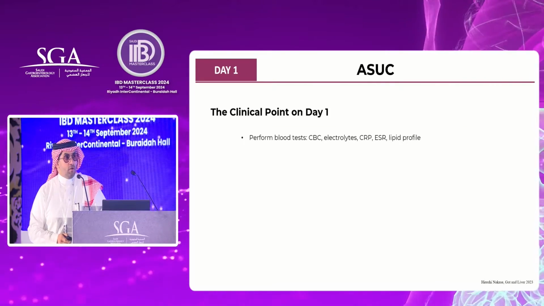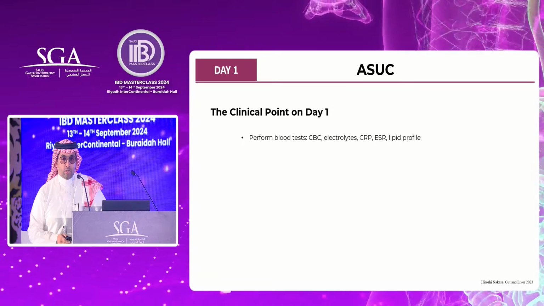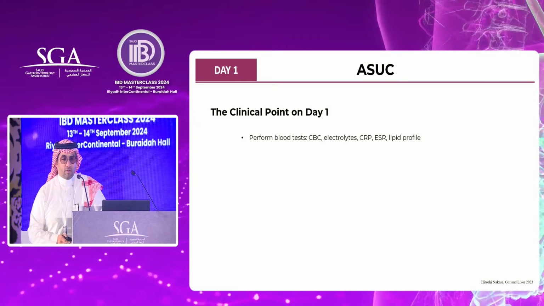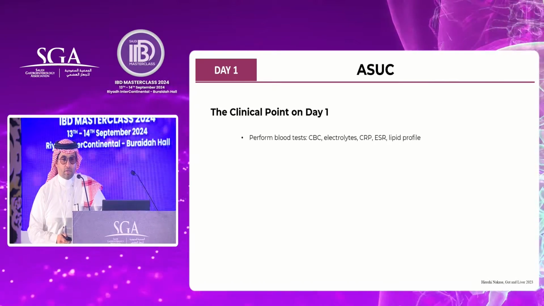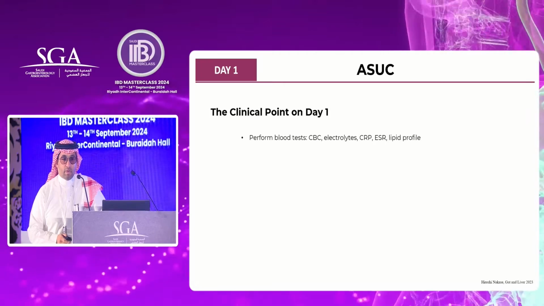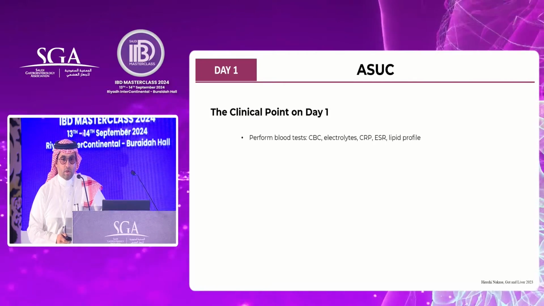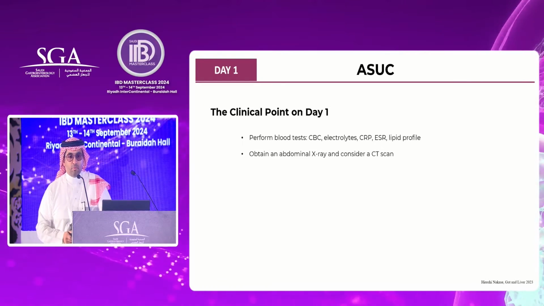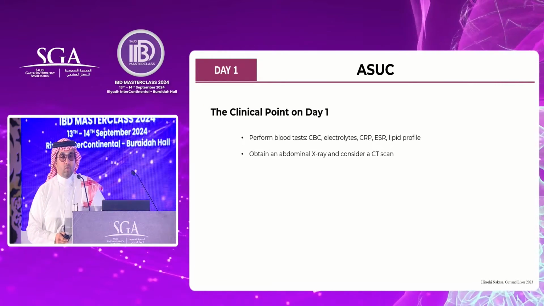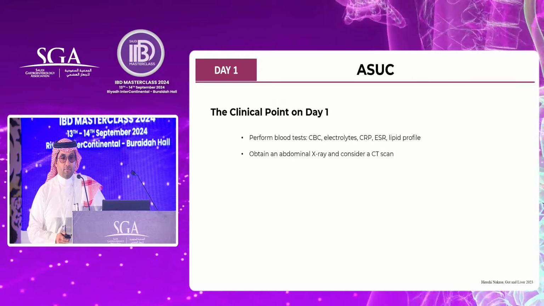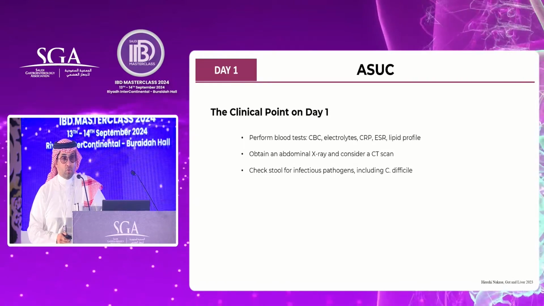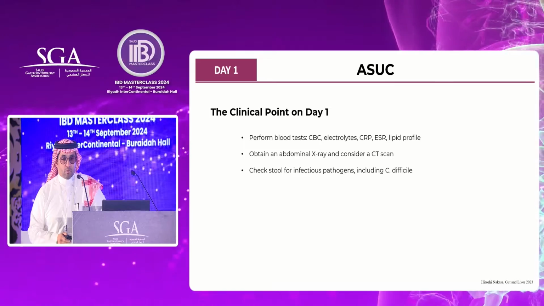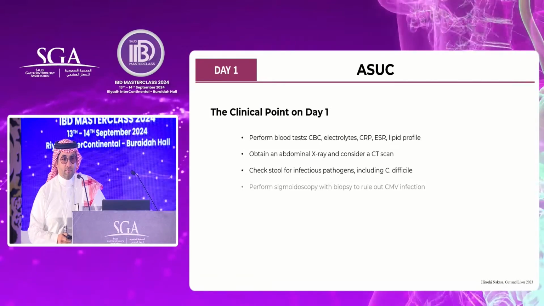So on the first day of admission of patients with acute severe ulcerative colitis, we will perform blood tests: CBC, electrolytes, CRP, ESR, and lipid profile. Then obtain an abdominal X-ray and consider a CT scan if indicated. Check the stool and rule out infection, and the most important is C. diff.